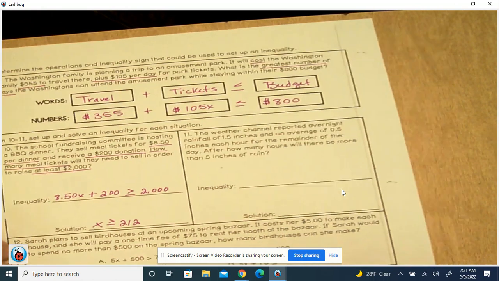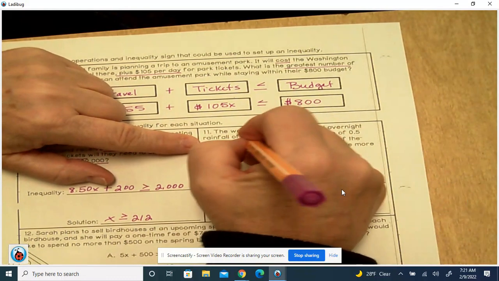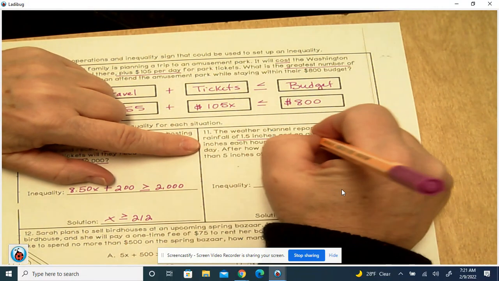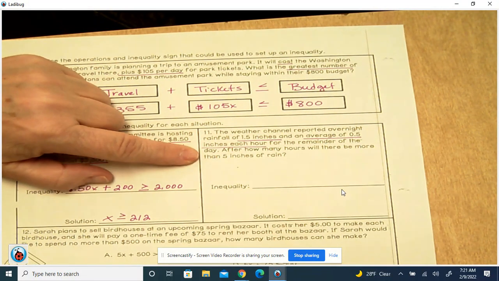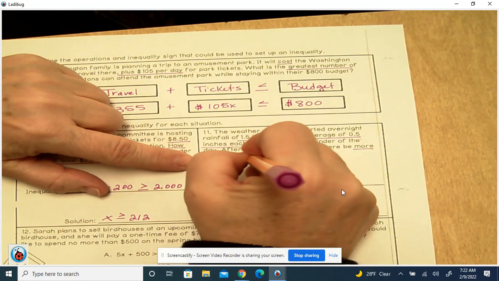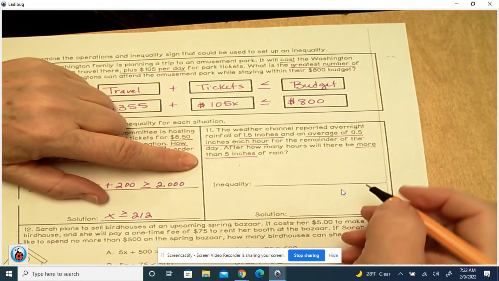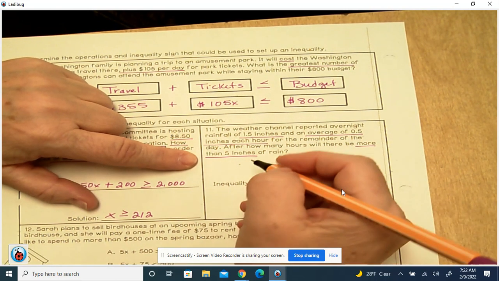All right, number 11. The Weather Channel reported a rainfall overnight of 1.5 inches and an average of 0.5 inches each hour for the remainder of the day. After how many hours will there be more than 5 inches of rain? So we've got more than 5. We've got 1.5.